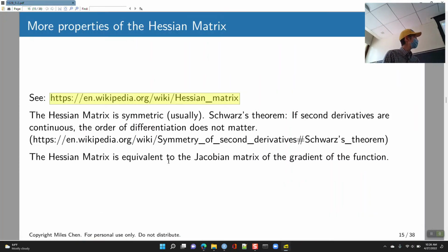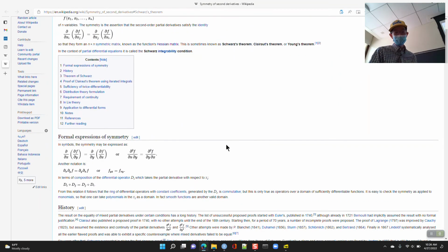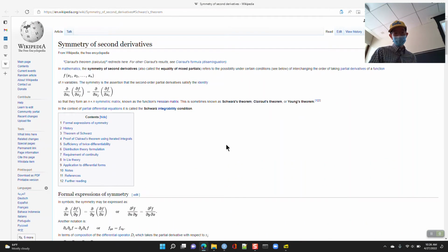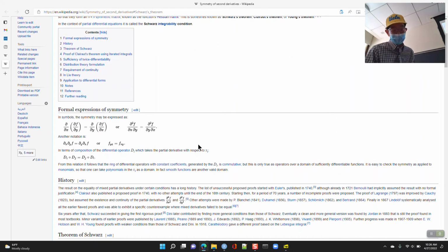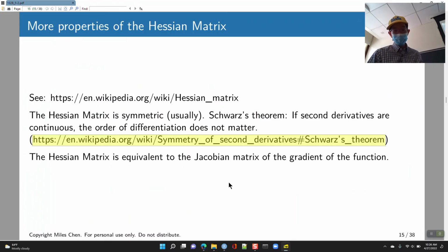The Hessian matrix is usually symmetric, and there is a theorem, what is it called, that basically says the partial of the function with respect to W1 and then W2 would be the same thing as the partial with respect to W2 and then W1, okay?